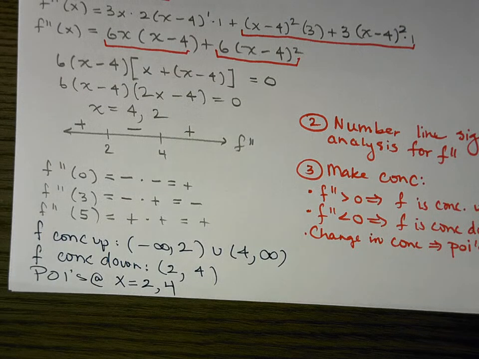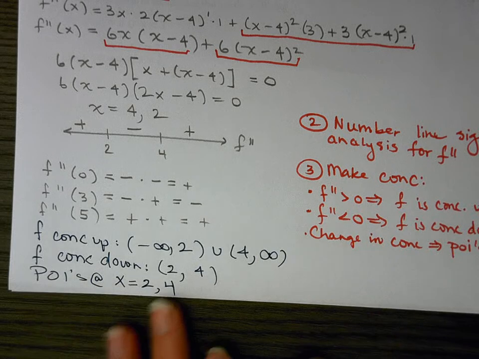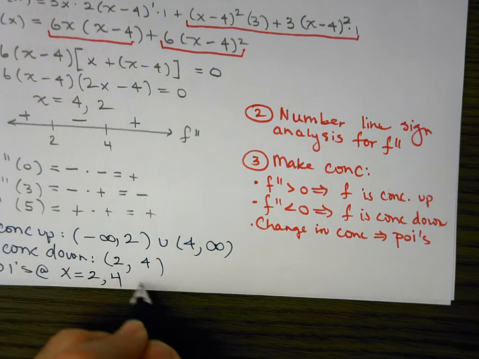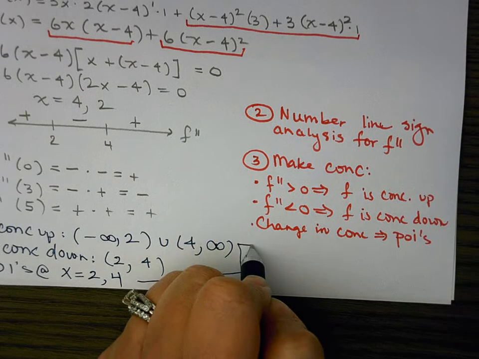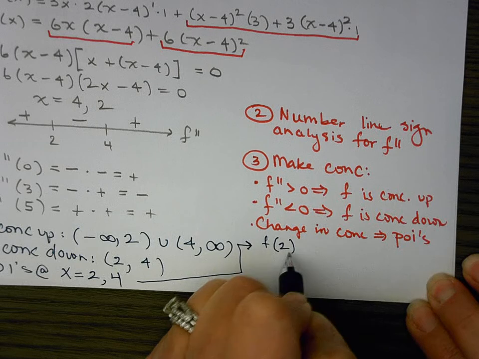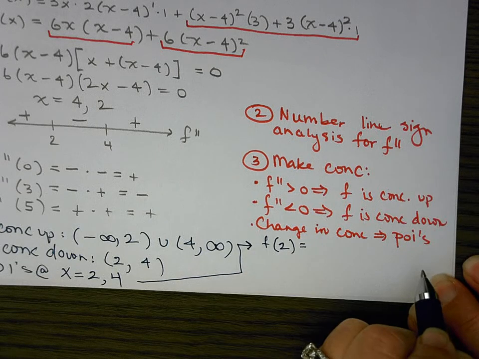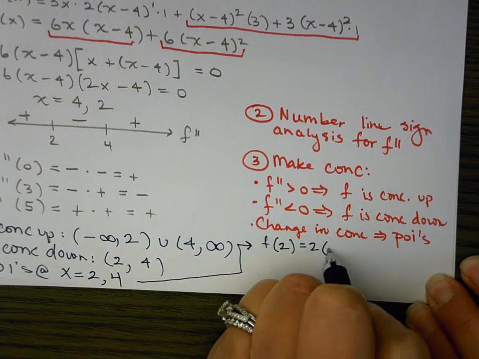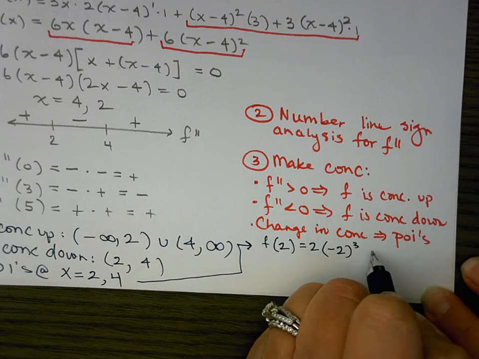So now it does ask for the point of inflection, and x equals 2 and 4 are not points, so we should really find those corresponding y values, right? So I would figure out what is f of 2 by evaluating that into the original function. So that would be 2 minus 4, which is negative 2, cubed.